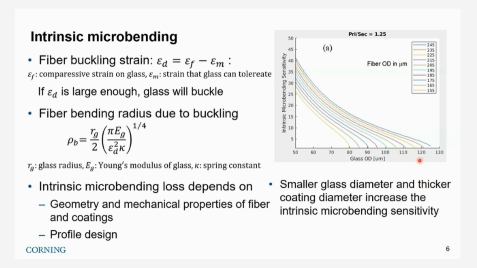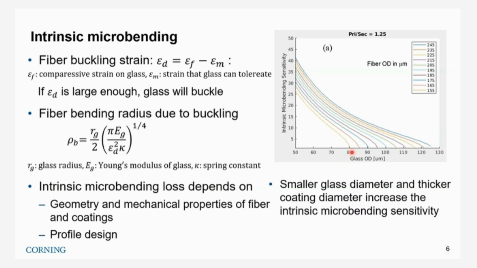For example, if we make the 165 micron coating diameter, for the 80 micron glass diameter, the intrinsic microbending sensitivity is about 9 to 10 times higher than the 125.